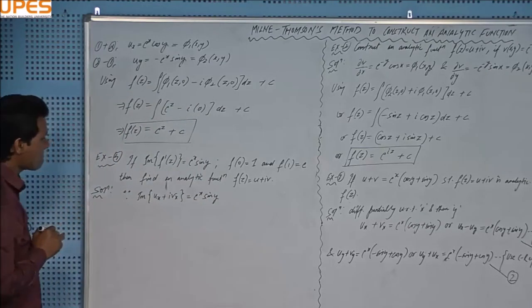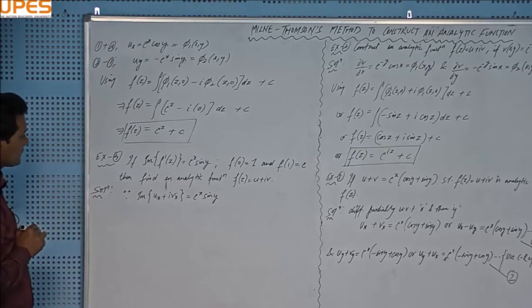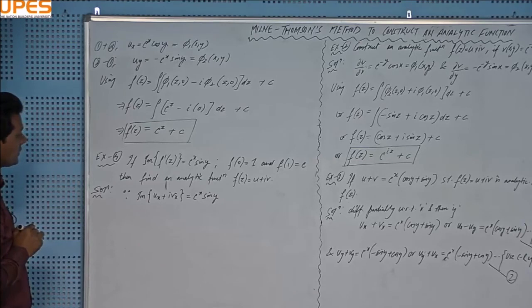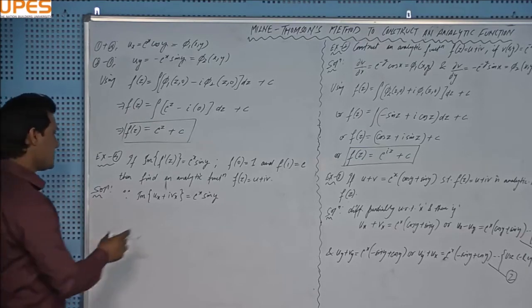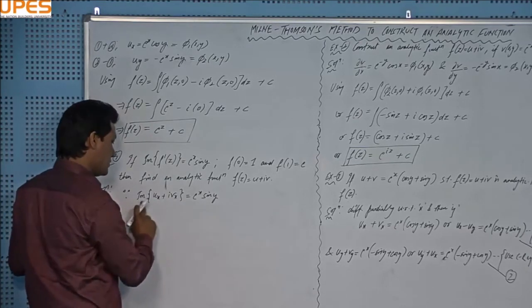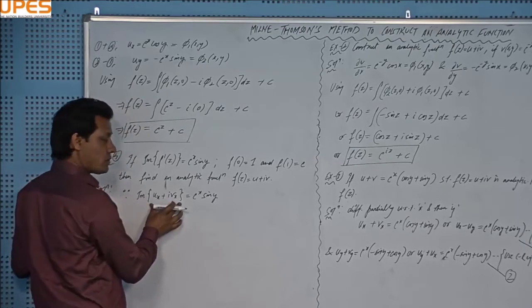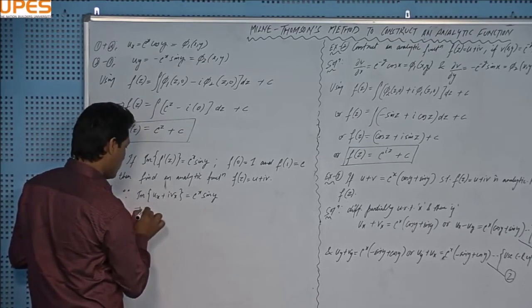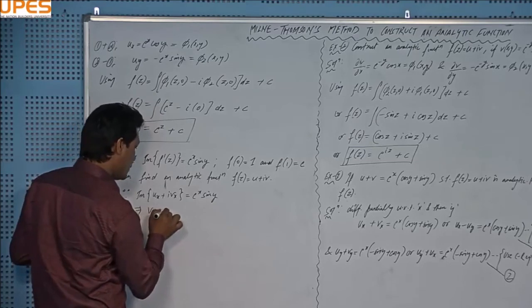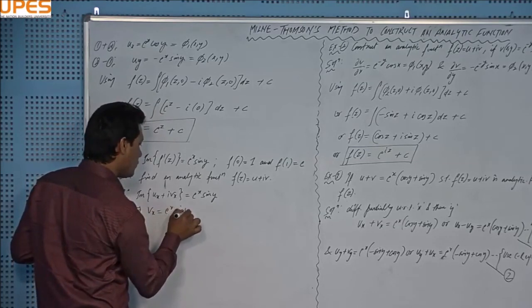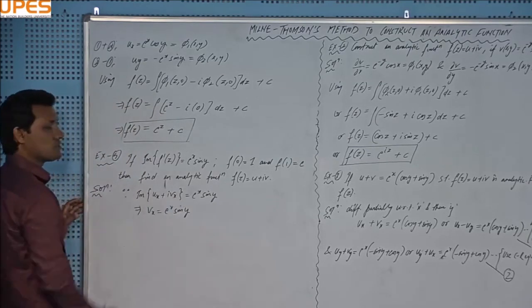Then what will we do? Picking up the imaginary part of this complex function, we get v_x equal to e to the power x sine y, right? Because the imaginary part is v_x, right?